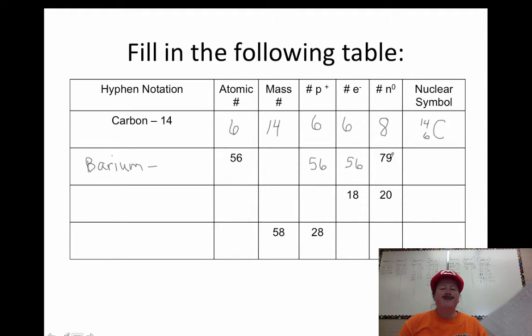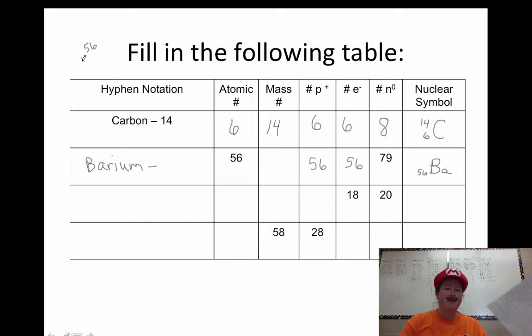The number of neutrons is 79. If I start my nuclear symbol, my atomic number is 56, that has to go there. And my mass number, I need that. Mass number is going to be protons plus neutrons. Again, because I feel challenged at math, I need to add this up manually.